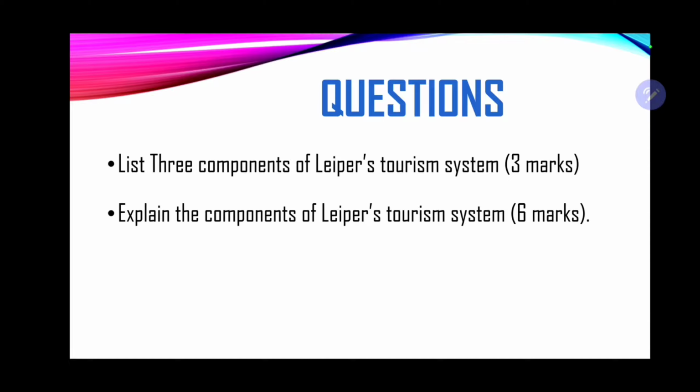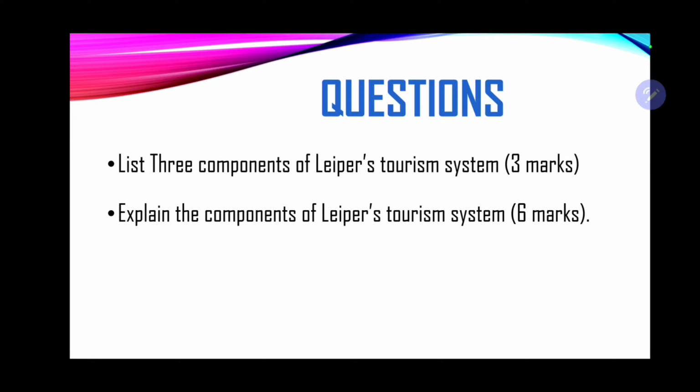So a past paper or exam question may ask you to list the components. And if you're listing the components, you would just need to write the traveler generating region, or we may say tourist generating region, the transit route, and third would be the traveler destination region or tourist destination region.